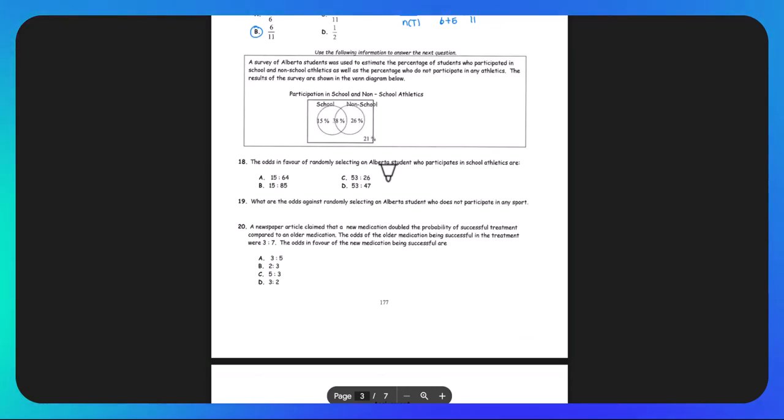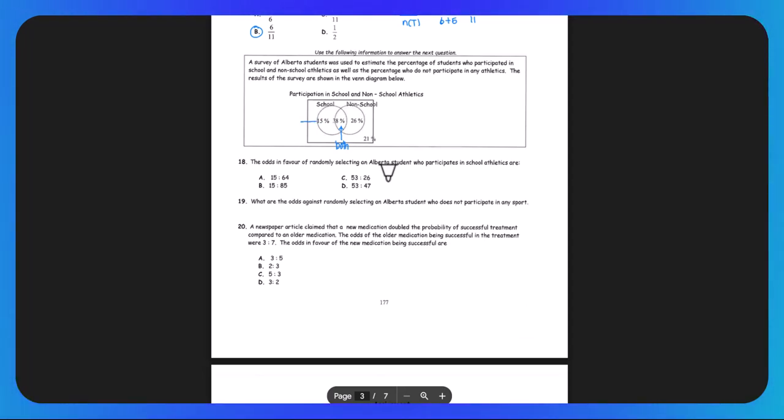A survey of Alberta students was used to estimate the percentage of students who participated in school and non-school athletics, as well as the percentage who do not participate in any athletics. The result of the survey are shown in the Venn diagram below. So remember the intersection here. This means that 38% take both school and non-school activities.